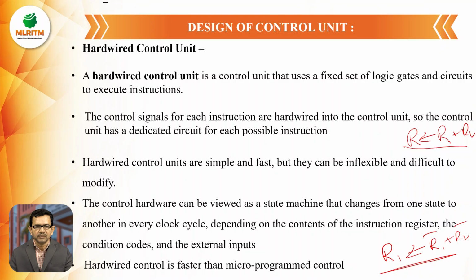The execution of the result will be very fast if I execute the instruction by using hardwired control unit. The hardwired control units are simple and fast, but they can be inflexible and difficult to modify. Because if it is a program, we can change it, or immediately we can try to do some modifications and make the implementation once again.